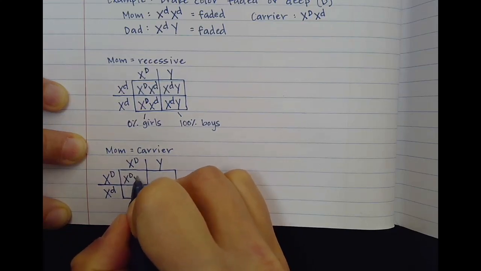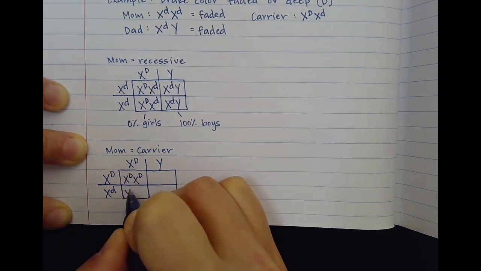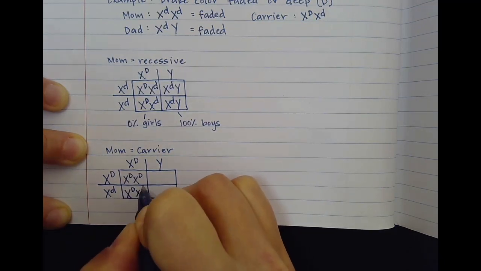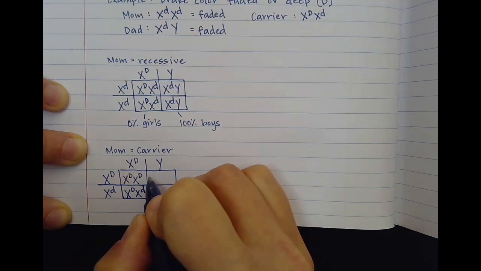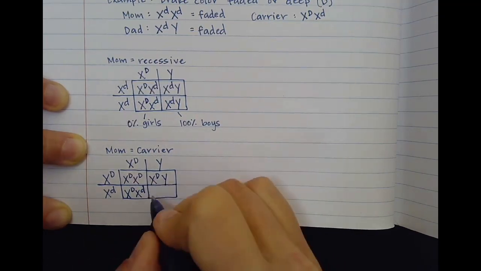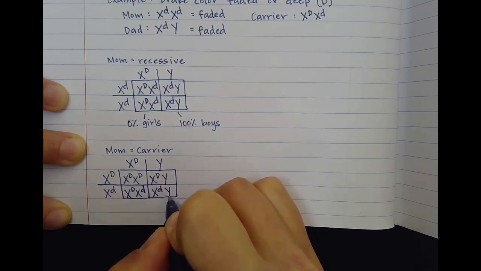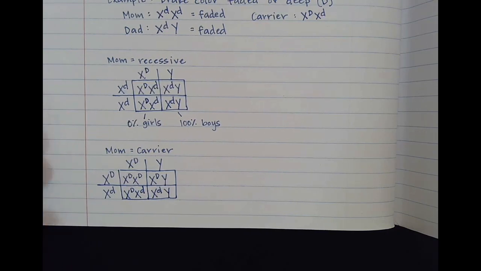This girl doesn't have the trait, isn't a carrier. This daughter is a carrier. This son doesn't have the trait. This son does have the trait.